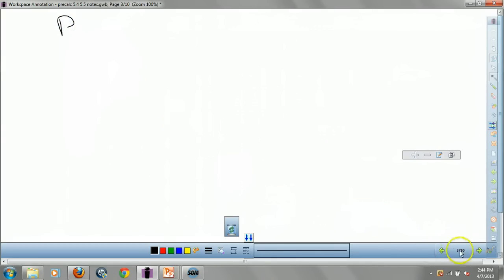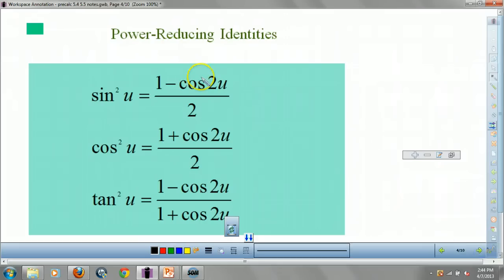We also have power reducing identities. These are like kryptonite to Superman. They reduce your power. Sine squared of u is 1 minus cosine of 2u all over 2. These were found using your other identities before. Cosine squared of u is 1 plus cosine of 2u over 2. This is noteworthy, by the way, guys.